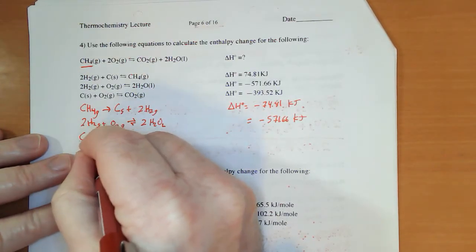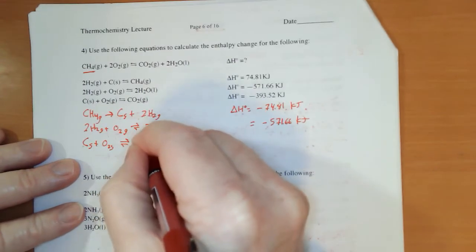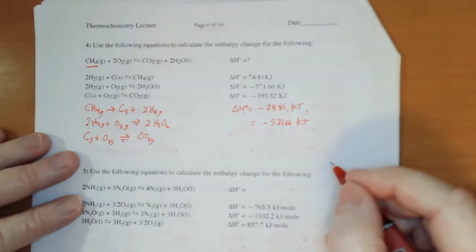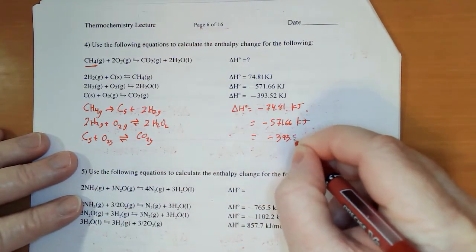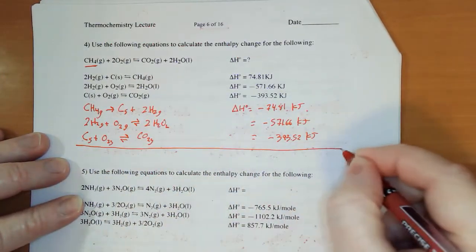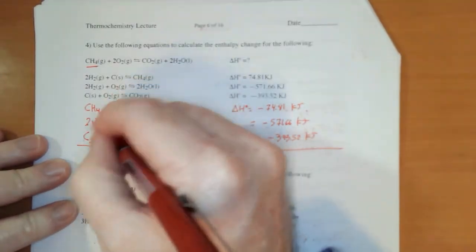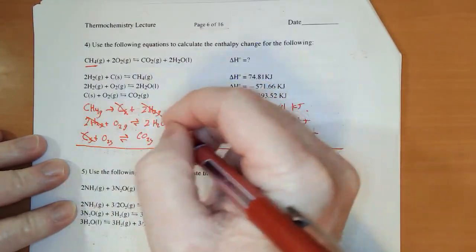Carbon solid plus O2 gas to give me CO2 gas. Didn't change anything, so that's a negative 393.52 kilojoules. Now I see my carbon solids canceling, and I see my 2H2 gases canceling.